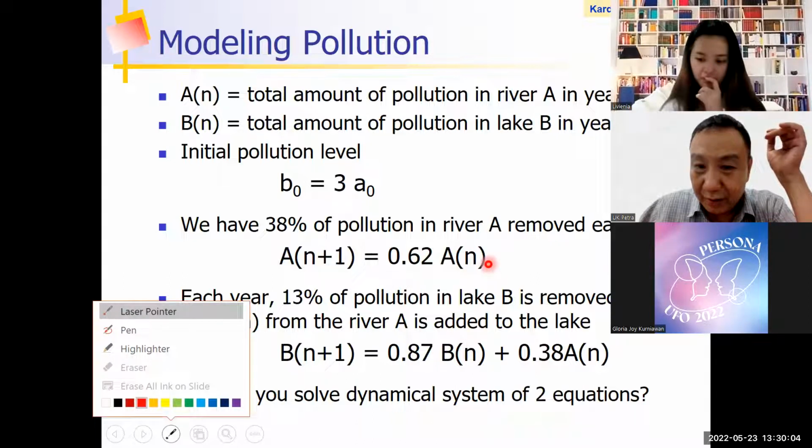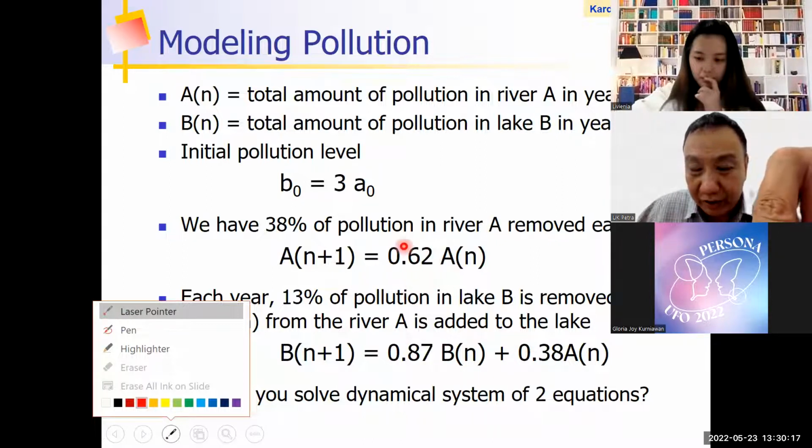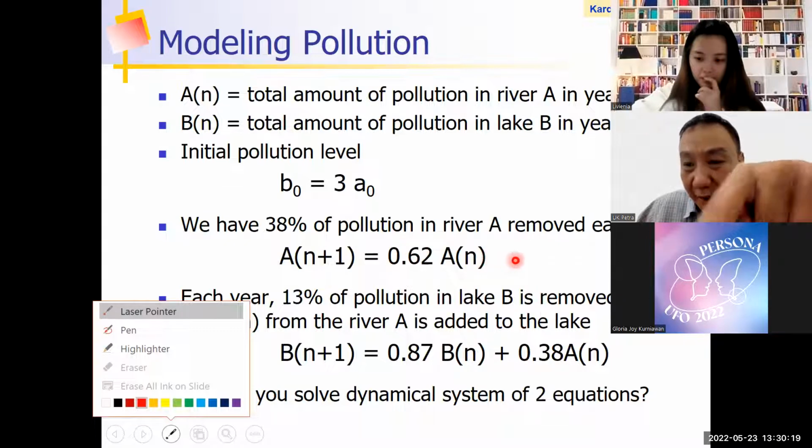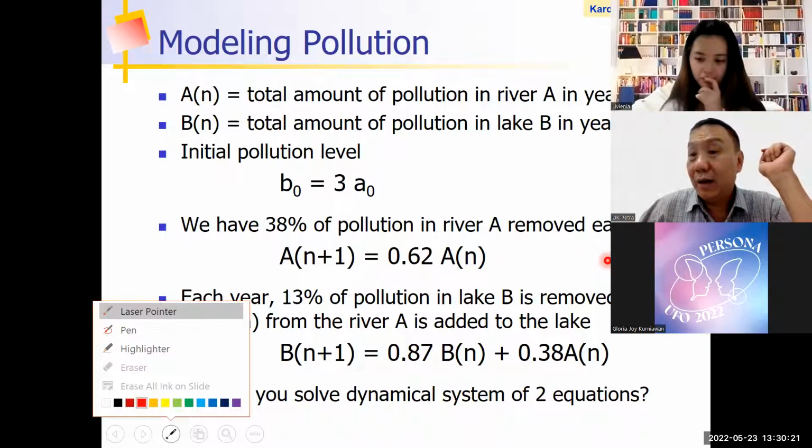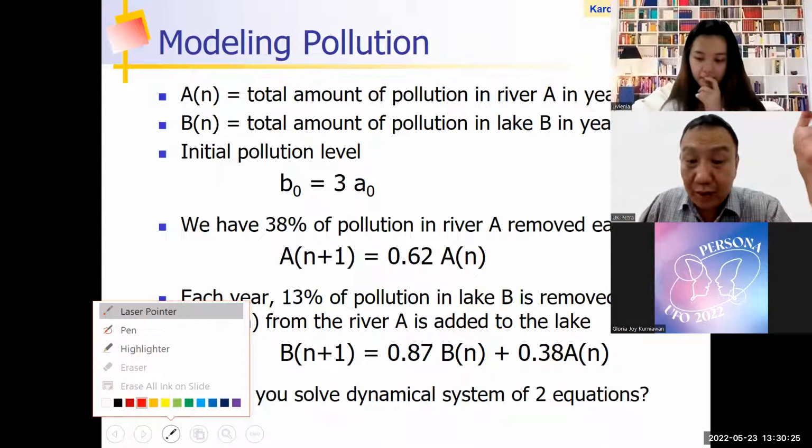Then you can put that Bn plus 1 equal to 0.87 Bn plus 0.38 multiplied by 0.62 of An minus 1. And then you say, I still have An minus 1.